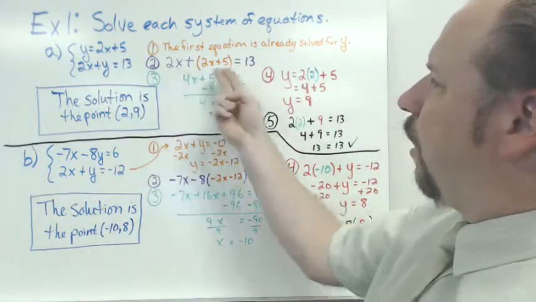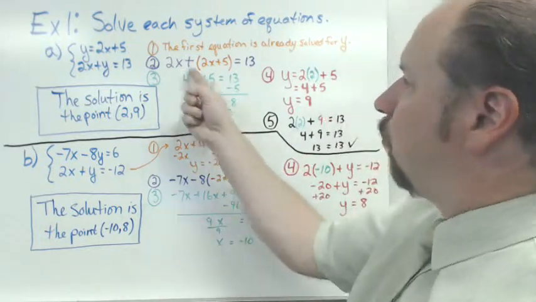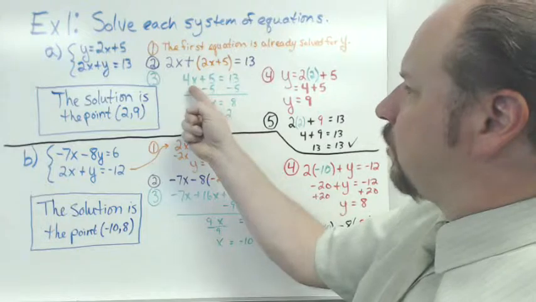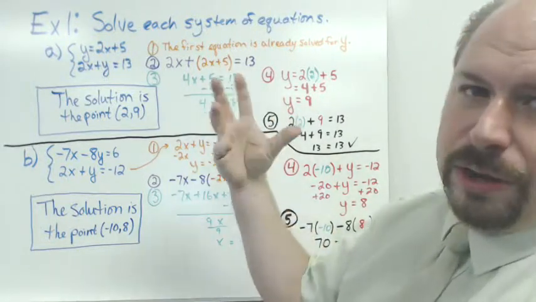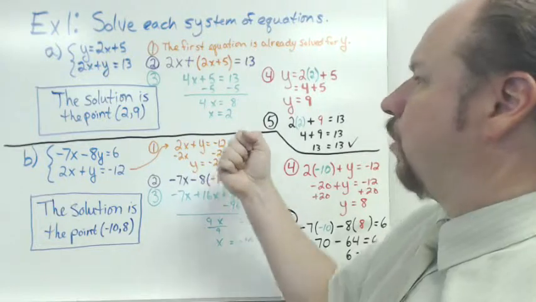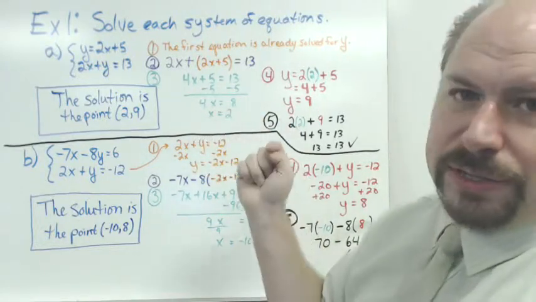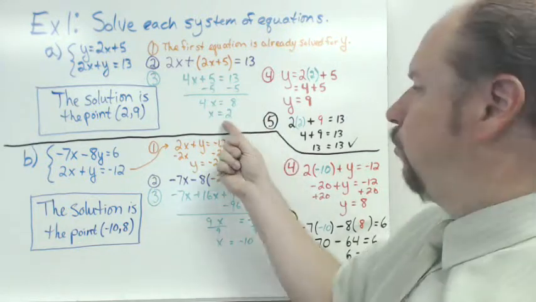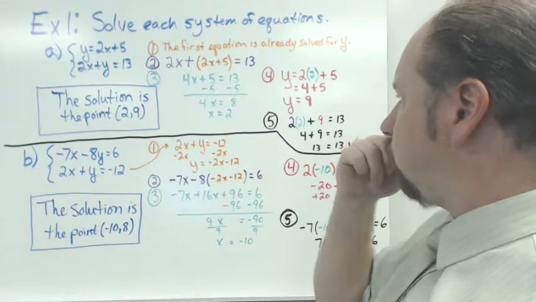Now we have enough information to solve for x. Combine like terms: 2x plus 2x is 4x, plus 5 equals 13. Subtract 5 from both sides, and we get 4x equals 8. Divide both sides by 4, and we get x equals 2.